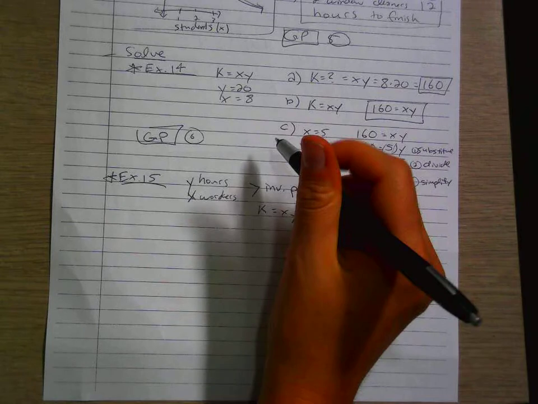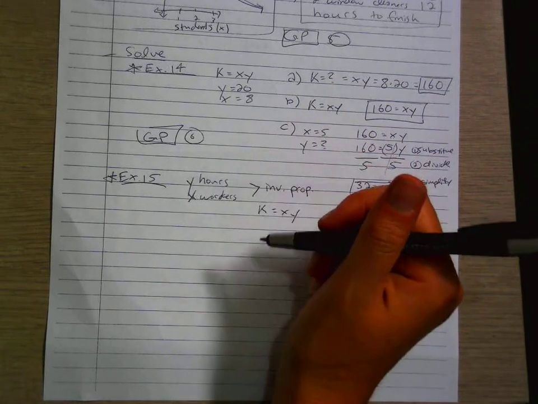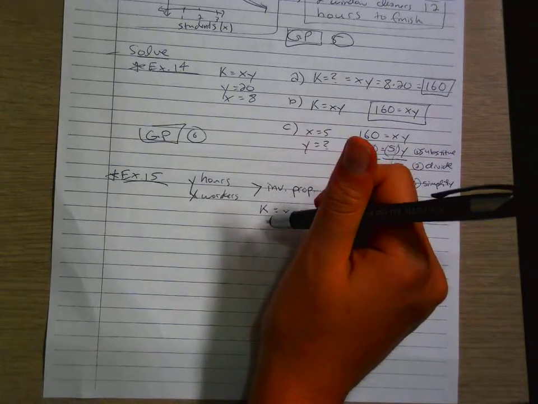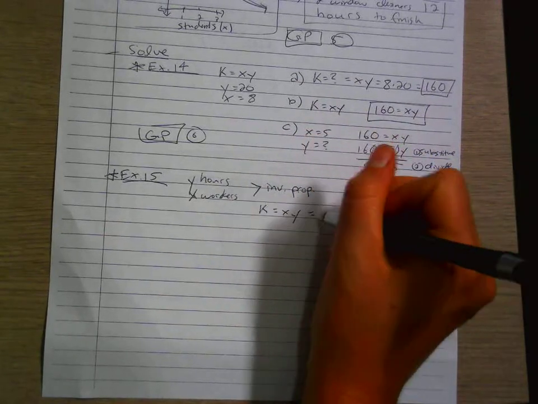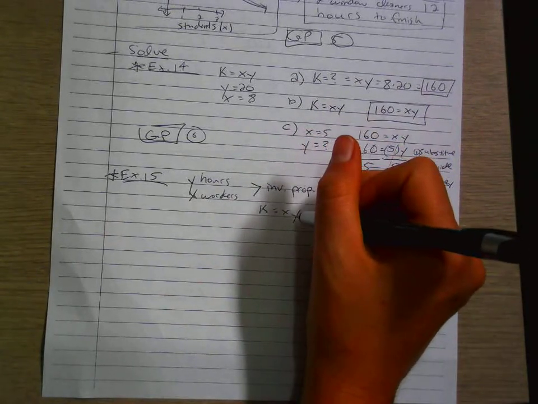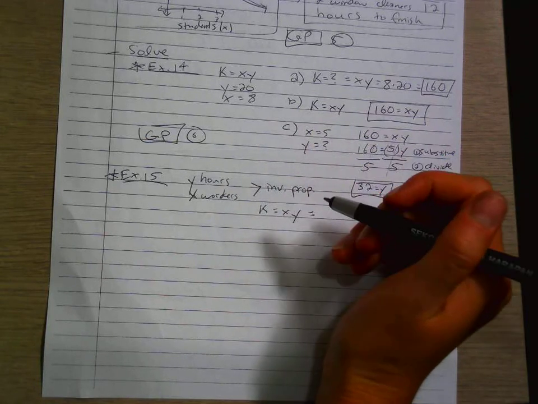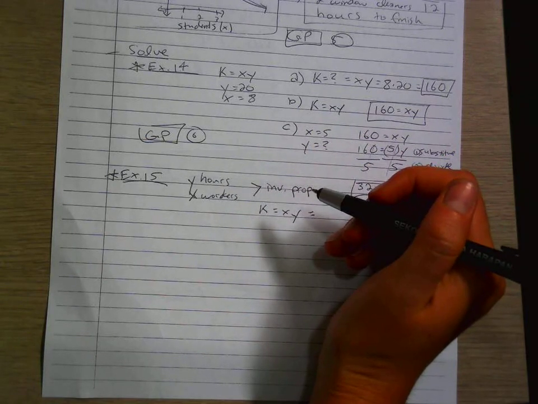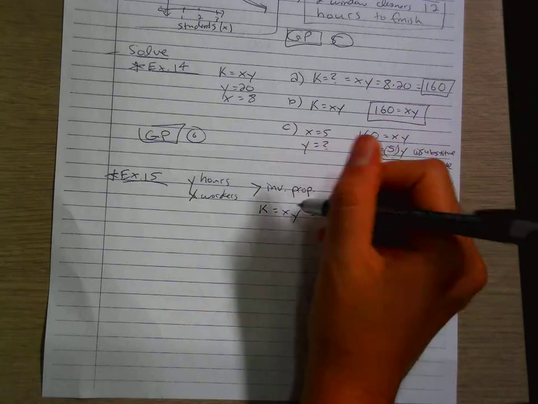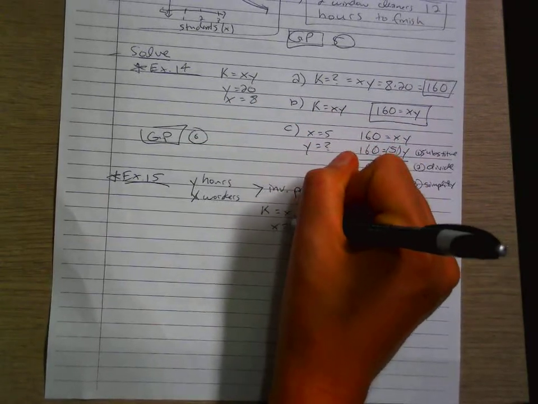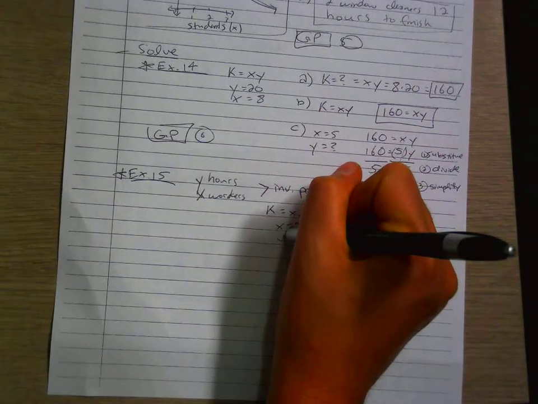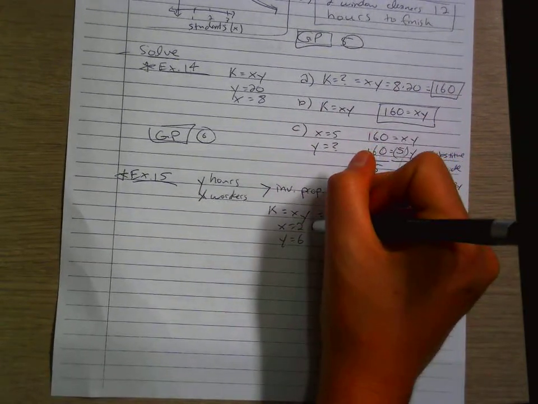Y is hours, x is workers. This is our equation. So our constant proportionality, k, start by finding that, is going to be equal to whatever that is times that is. The problem tells us it takes 2 workers 6 hours to repair a car. So 2 workers, that's x. 6 hours, so y must equal 6.